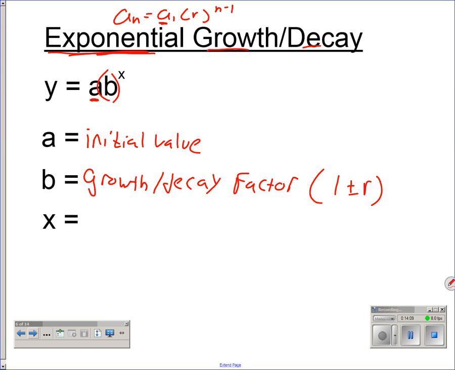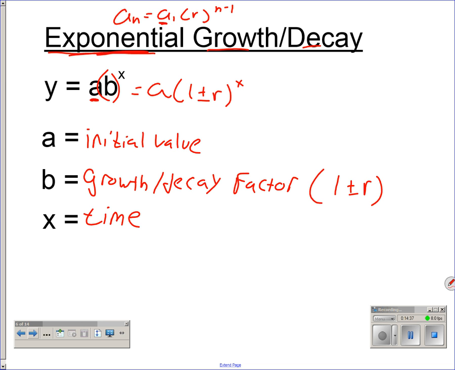If it's growth, we add our rate. If it's decay, we subtract it. And then x is just going to represent our amount of time, so just how much time has passed. So another way you might see this written is a times (1 plus or minus our rate) to the x.